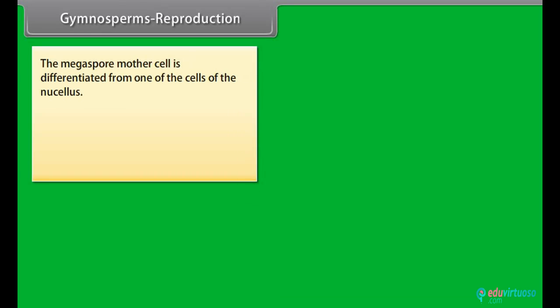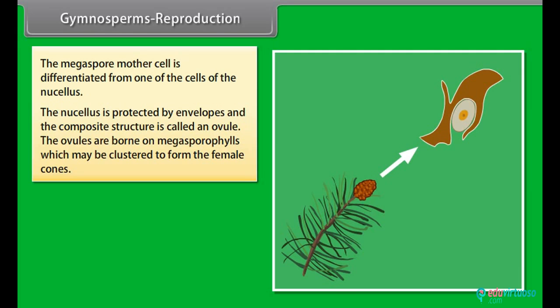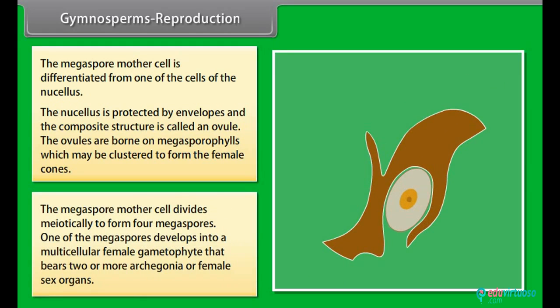Gymnosperms. Reproduction. The megaspore mother cell is differentiated from one of the cells of the nucellus. The nucellus is protected by envelopes, and the composite structure is called an ovule. The ovules are borne on megasporophylls, which may be clustered to form the female cones. The megaspore mother cell divides meiotically to form 4 megaspores.